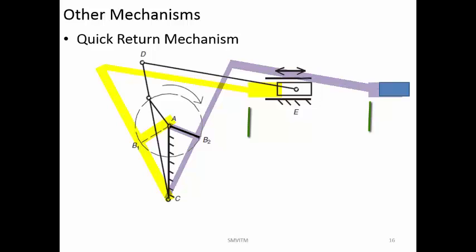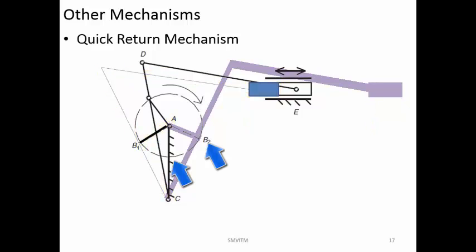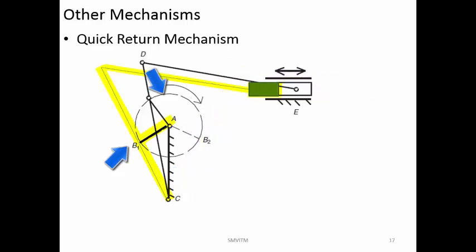So AB1 is the backward extreme position, AB2 is the forward extreme position. Now why is it called a quick return mechanism? When the crank rotates from AB2 to AB1, the slider is moving backward. And when the crank is rotating from AB1 up to AB2, the slider is going to move forward.